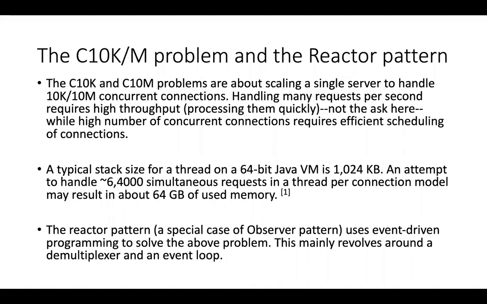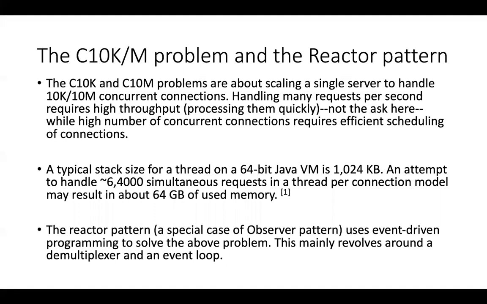The ask is that we have to maintain a lot of concurrent connections. That requires lots of thread contention, and that actually is a scheduling problem. So we have to maintain these concurrent connections live, and we still have to accept more connections up to that limit which we are talking about.